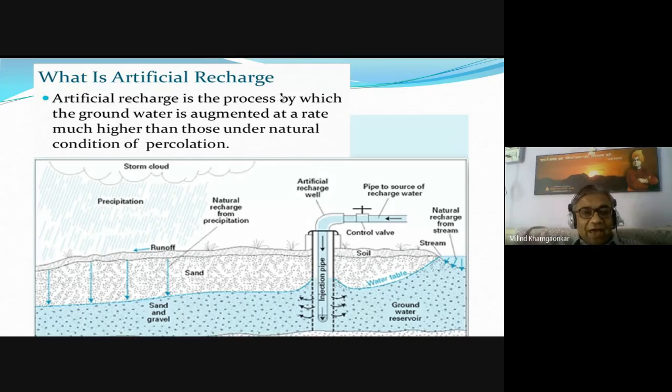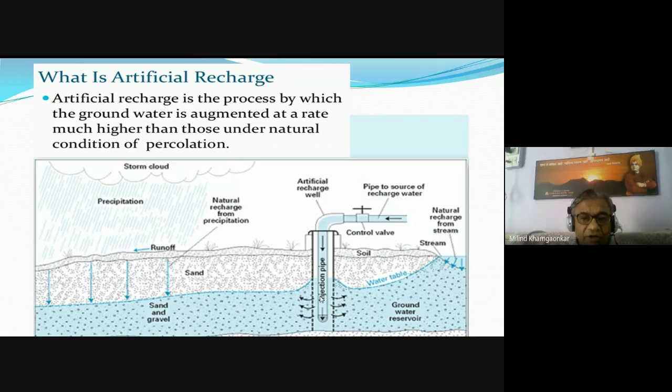So when we recharge artificially, then that recharging is much faster than the natural recharging, wherein the groundwater, which may be in the aquifer of confined or unconfined type, is directly supplied with the water. And both these aquifers are refilled with the water or recharged.